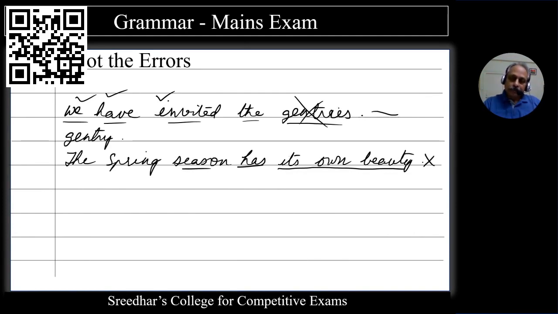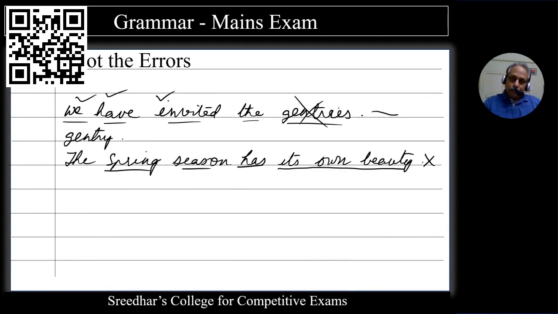Why is it wrong? The moment you see the words spring season, you have to recollect the rule that goes with gender. In English, we have four types of gender: masculine gender, feminine gender, common gender, neuter gender. Neuter gender denotes neither male nor female. It goes with things or objects like pens, pencils. Fortunately or unfortunately, English people, when they saw certain things, they were awestruck and they attributed to certain things masculine gender, to certain things feminine gender.